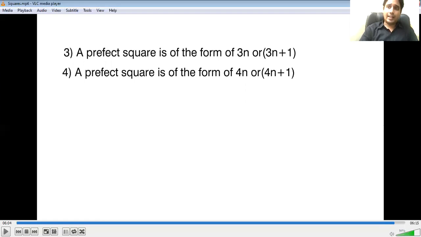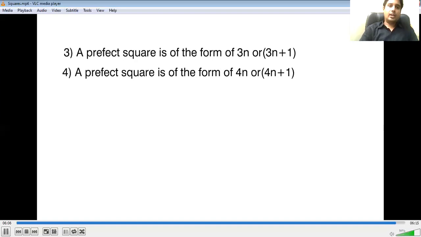So I cannot say that any number which follows all these four conditions is a perfect square. But a number which negates even one of the given conditions will definitely not be a perfect square. We can eliminate that option. So any condition which is not satisfied, you can directly say that the number is not a perfect square.